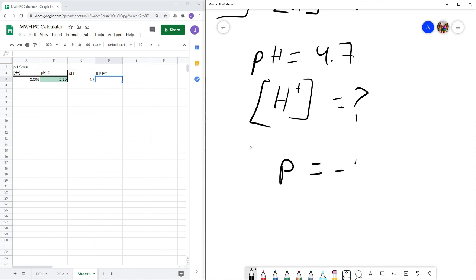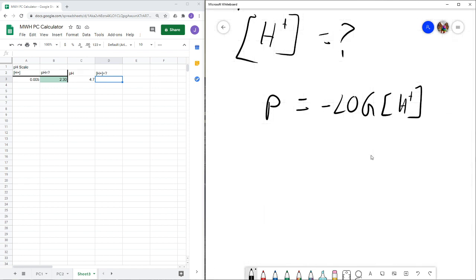So if you have pH is equal to negative log of our molarity, and if we want to solve for that molarity, we want to think about this P as our input and then the molarity of hydrogen ions as our output. So I am going to multiply both sides by -1. So negative P is equal to log of the hydrogen ion concentration.